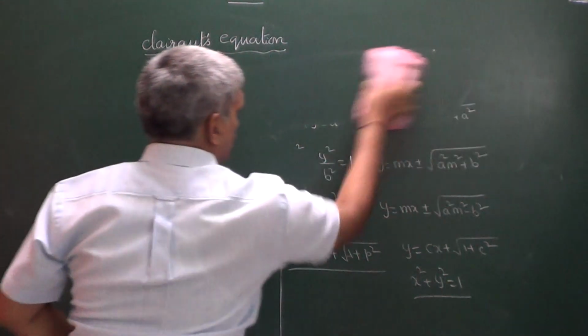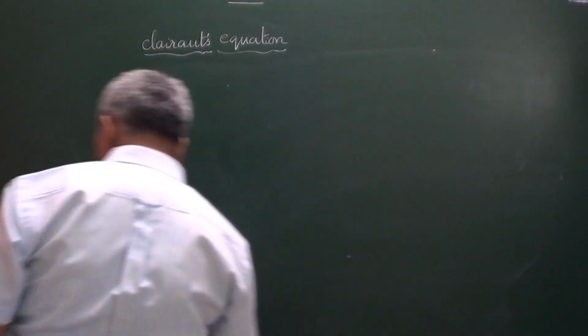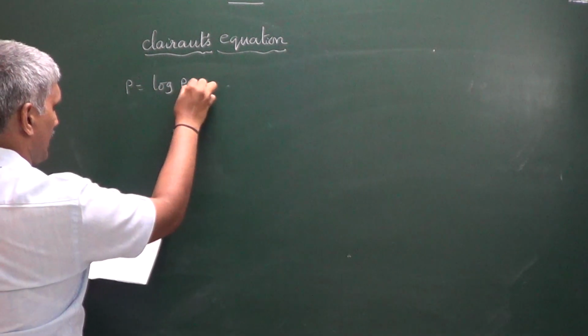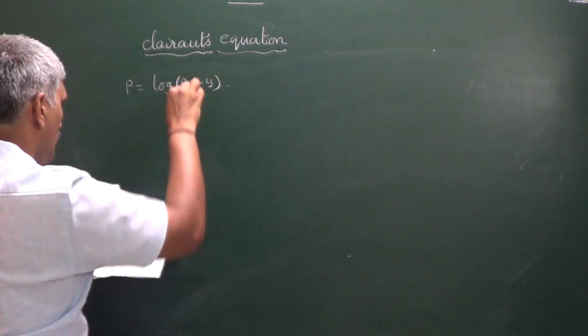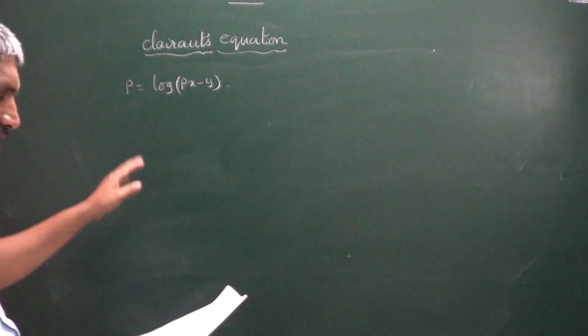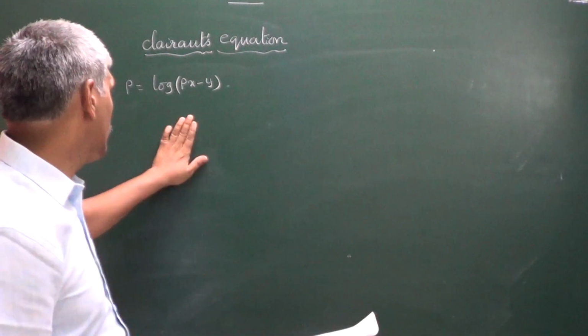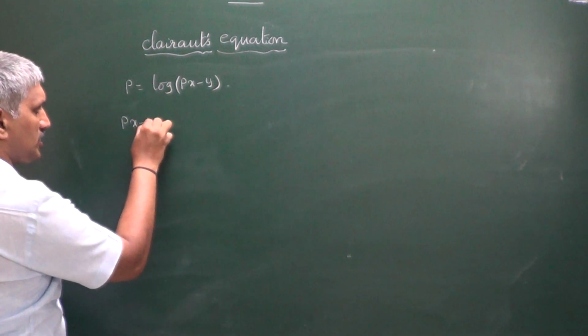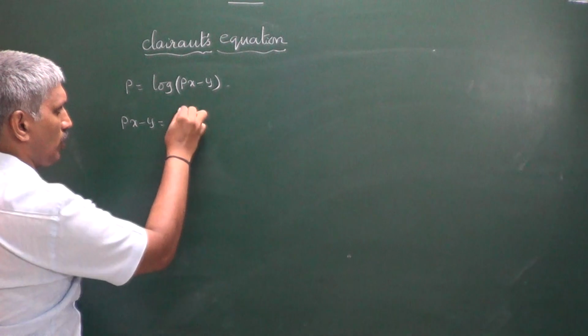Let's discuss one more question before concluding. The question is p = log(px − y). For this, we have to find the solution. px − y = e^p.